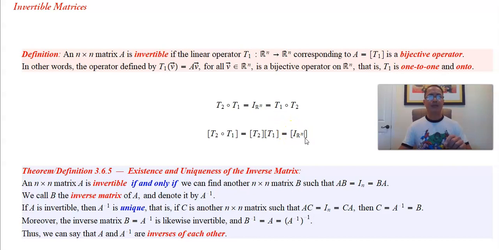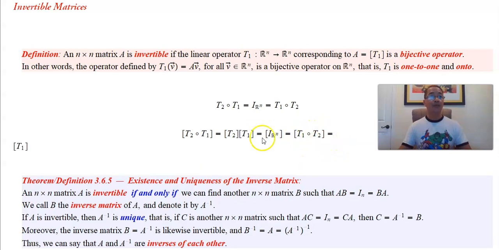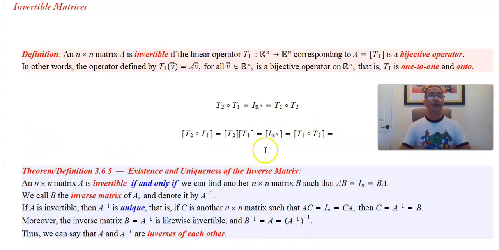All the way back to 3.1. So, of course, we also have on the other side the matrix of T1 composed T2. So we will get this. But this time, that will turn into a product of two matrices where T2 goes first, followed by T1.